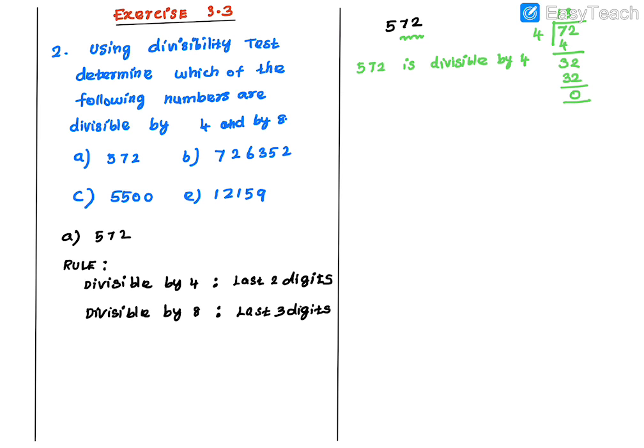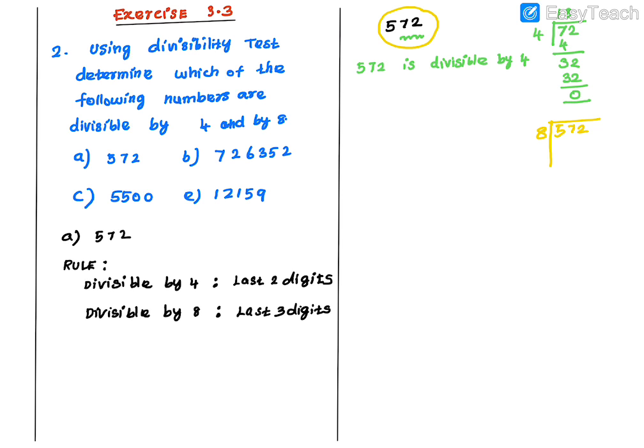The same number we have to check for divisibility by 8. While checking divisibility by 8, we have to take the last three digits. So we take 572 and divide by 8.